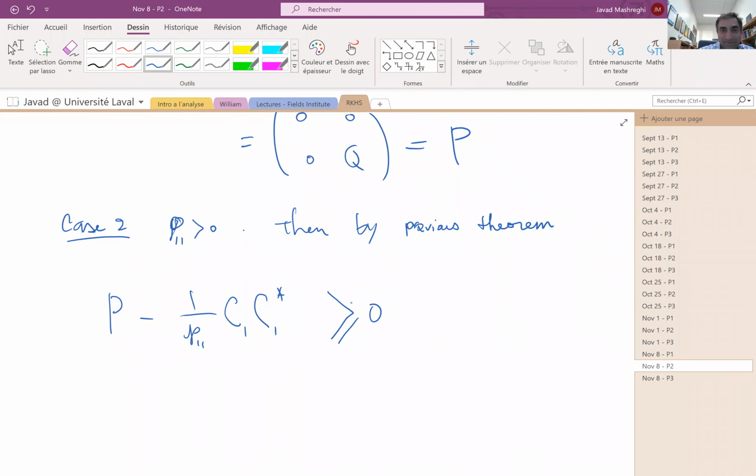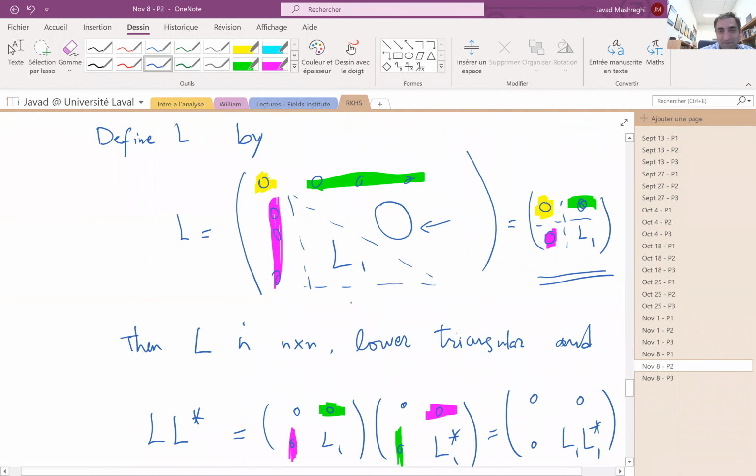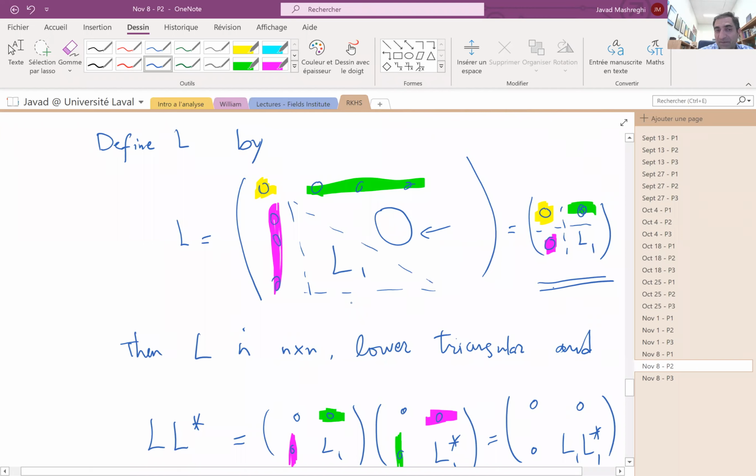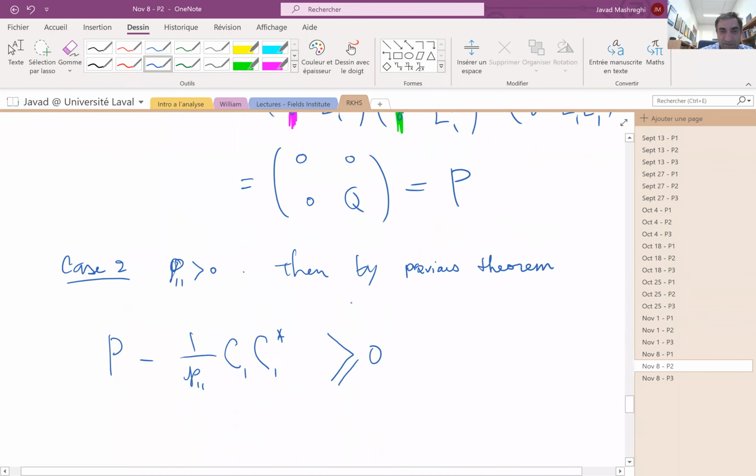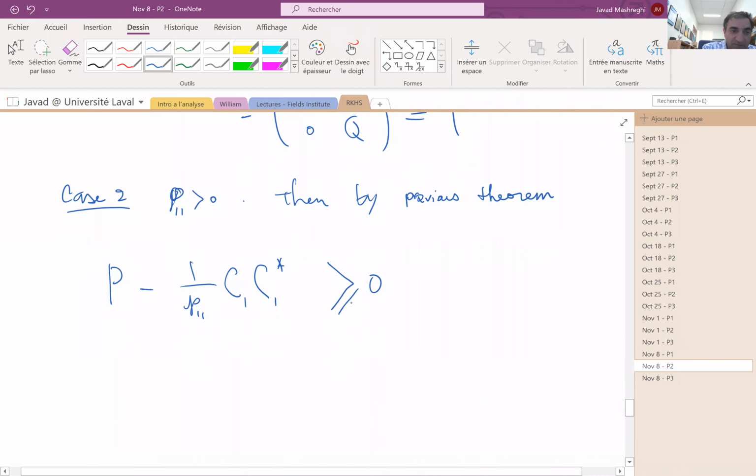And we end up with the same story again. Let me call this matrix R.